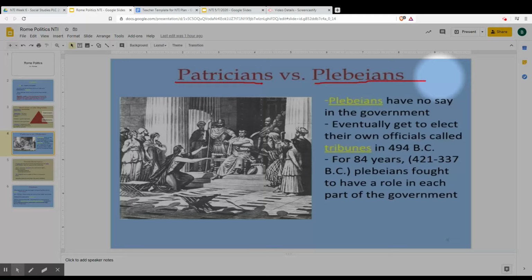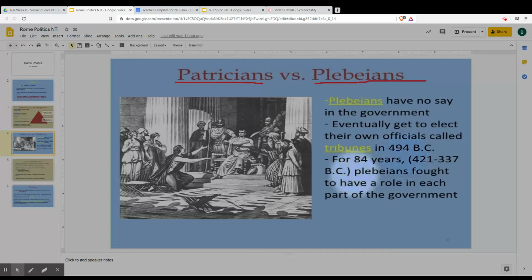Well, with the class divide, the Romans also had this issue. So the plebeians, or the poor people, had no say in the government. And eventually they got some power and they were able to elect their own officials called tribunes, but this didn't happen till 494.